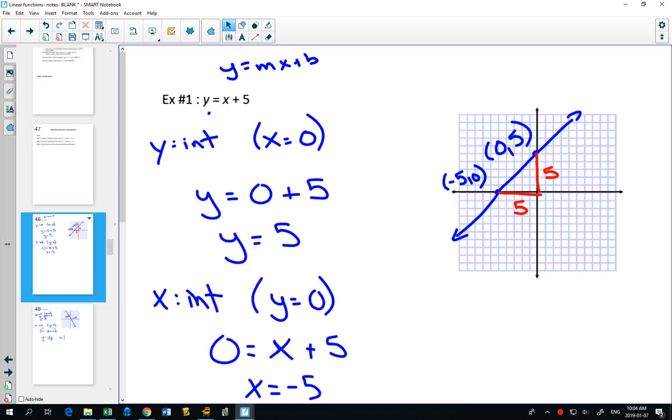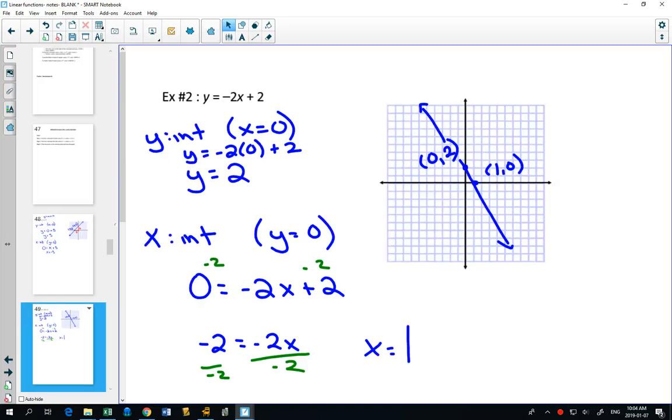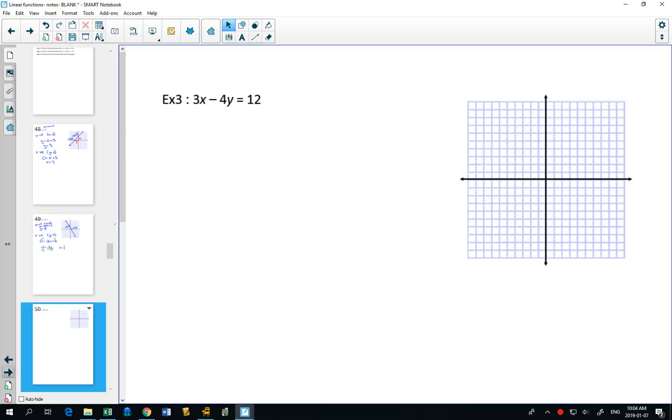Start with my intercept and use my slope. But I think in this third example, this is one where the intercepts method probably is the nicest, because it isn't in y equals mx plus b form. It wouldn't be hard to rearrange it, but it isn't in y equals mx plus b form yet.